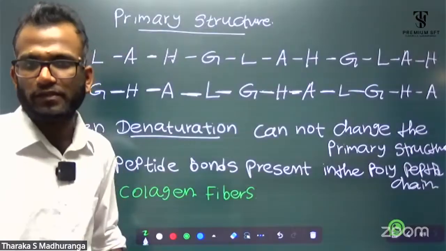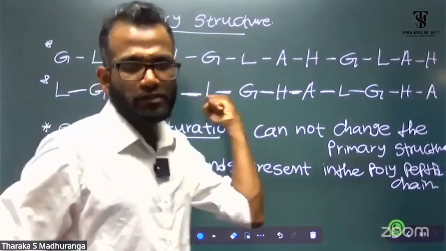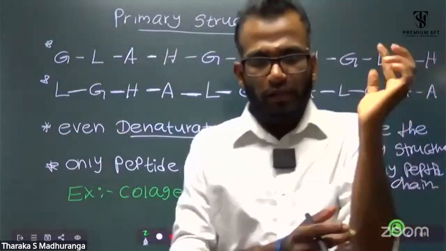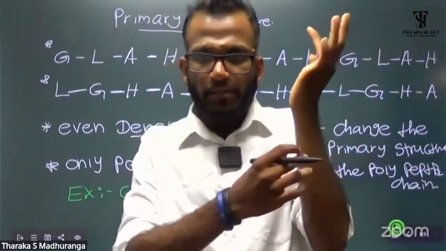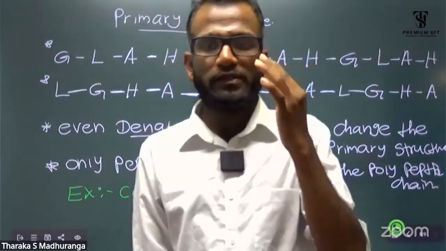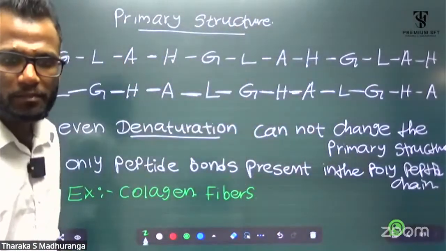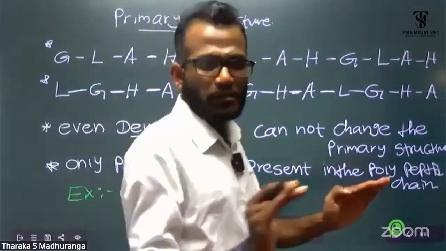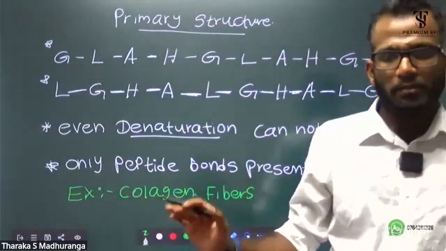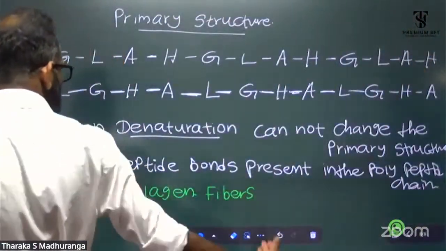In muscles, yes. In our muscles, muscles and bones are connected by collagen fibers. These collagen fibers are proteins in primary structure. Primary structure proteins are very simple, only like a chain, a polypeptide chain only. That's why they are fibers.